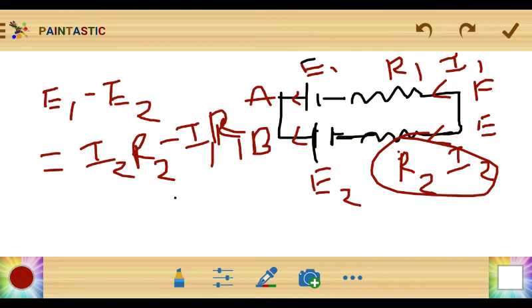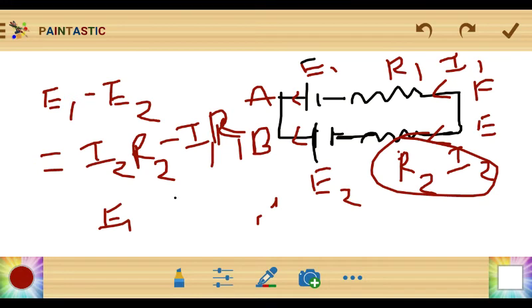So there are two conventions to remember. Traveling in the direction of current, the battery EMF voltage is taken as positive. Or you can say from the negative electrode to the positive electrode, then the potential is taken as positive.